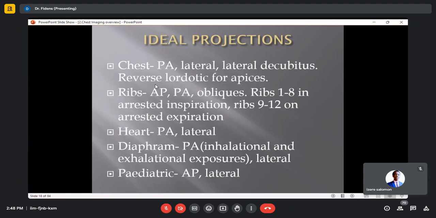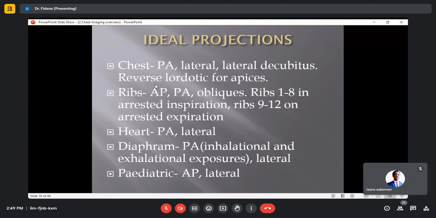For the ribs, if we suspect any fracture, especially in trauma cases, we can do AP, PA and oblique so you do not miss any fracture. Ribs 1 to 8 are imaged in arrested inspiration, and ribs 9 to 12 on arrested expiration, so that you can see the ribs very well. Otherwise, you can miss a small rib fracture.